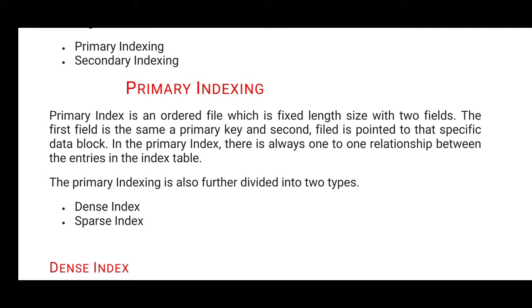The first field is the same as the primary key and the second field points to that specific data block. In the primary index, there is always a one-to-one relationship between the entries in the index table.